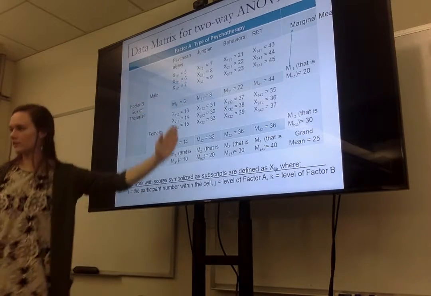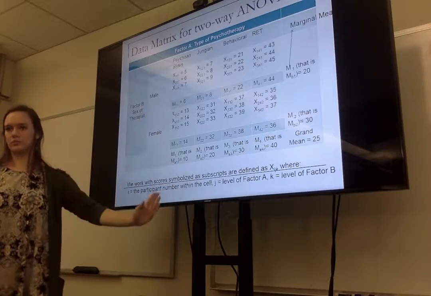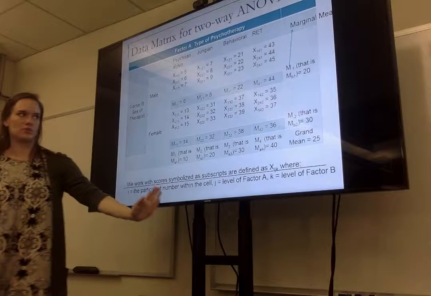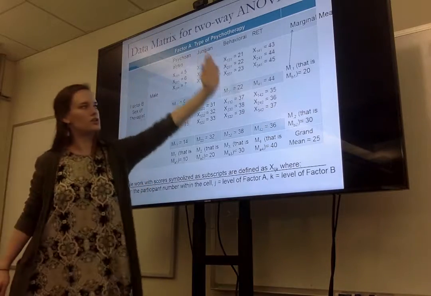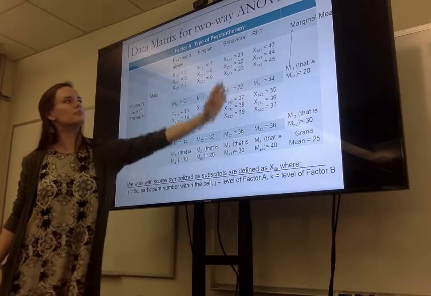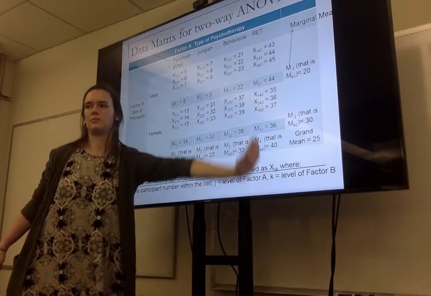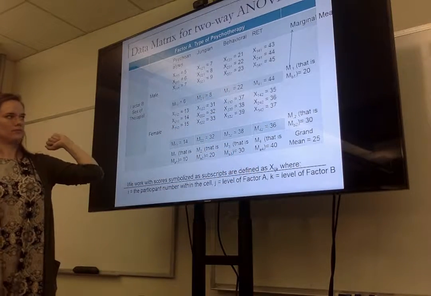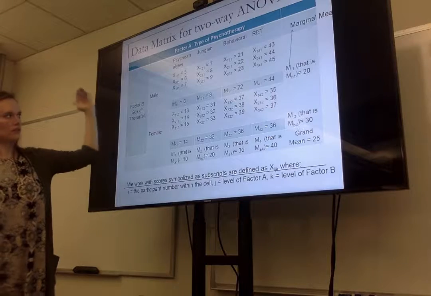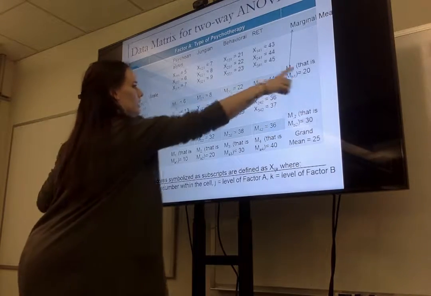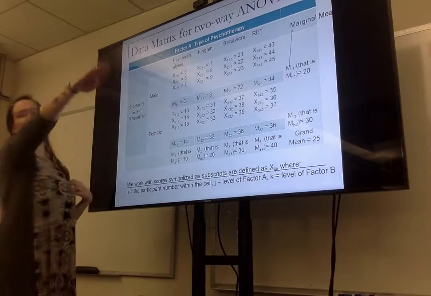And so what the marginal mean is saying is that it's the mean for each and every person in the psychoanalysis group. Each and every Jungian group is going to be the marginal mean. Each and every single behavioral person, and so on, right? Alternatively, the marginal mean for males is 20 across all of those groups.